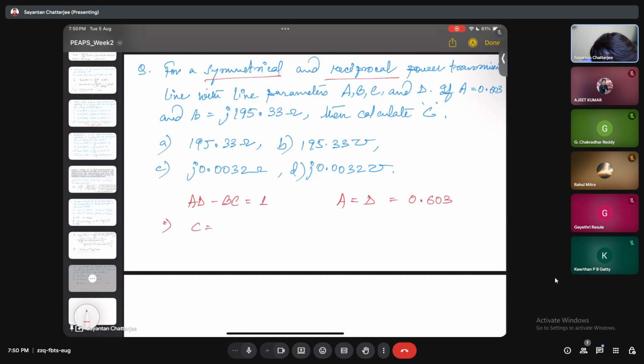So C will be (AD minus 1) by B. And all the values are given. So 0.603 whole square minus 1, divided by B, which is j 195.33.